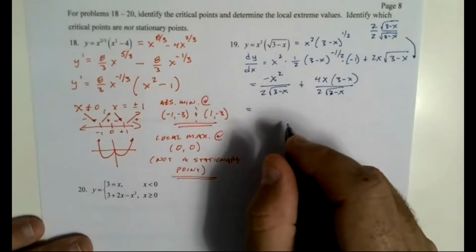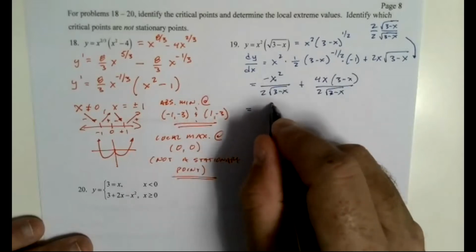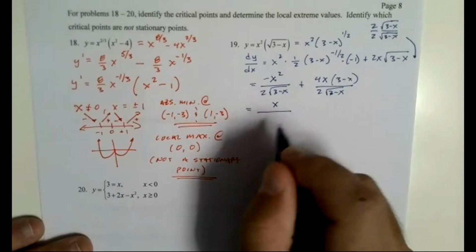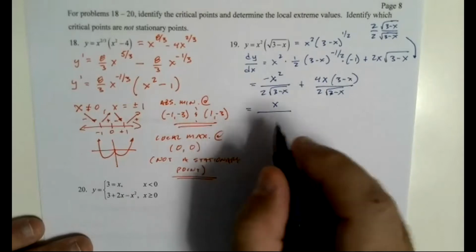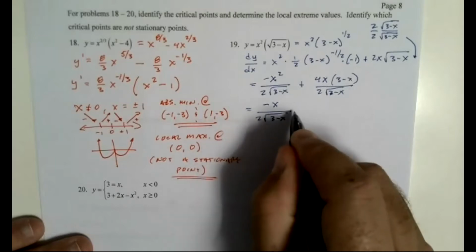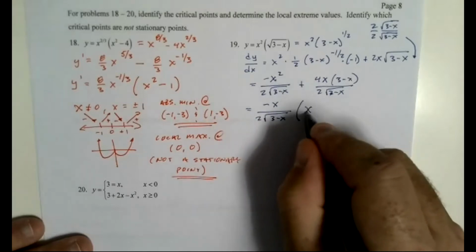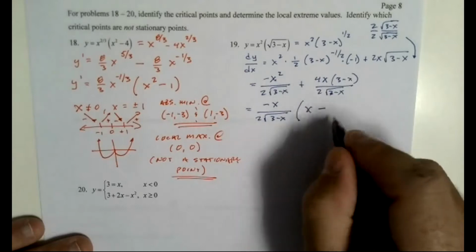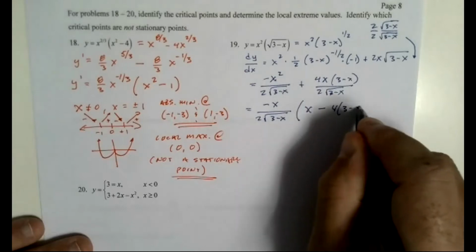Equals x over, take the negative out, 2 square root of 3 minus x, leaving me with x minus, took out an x, 4 times 3 minus x.